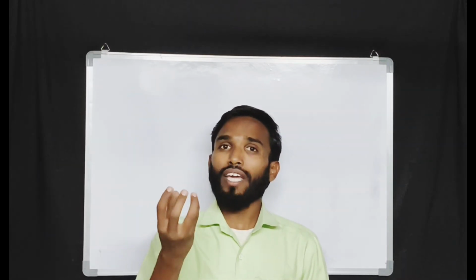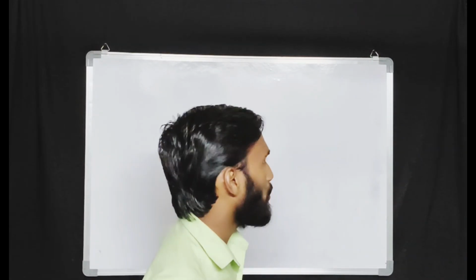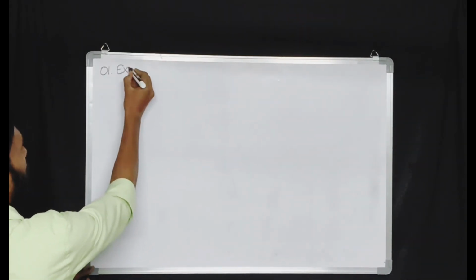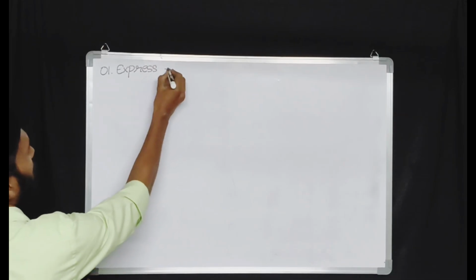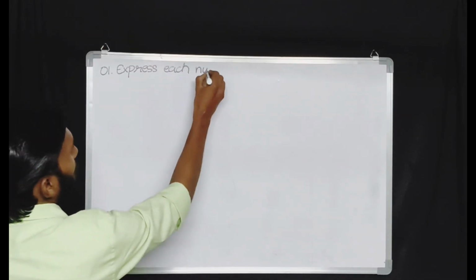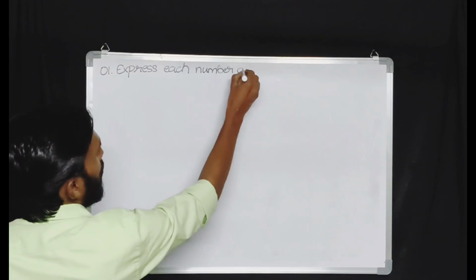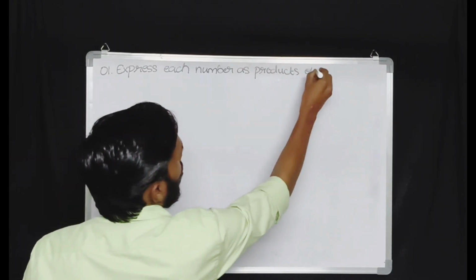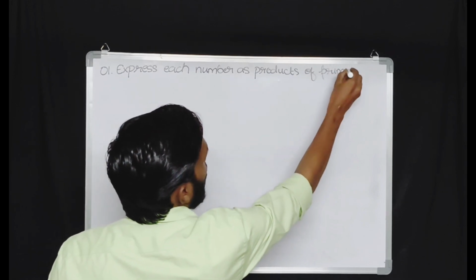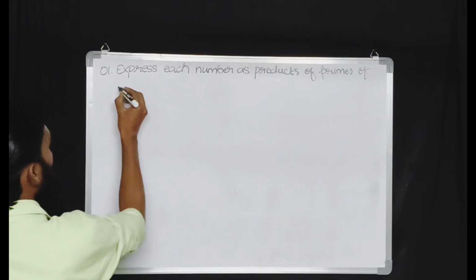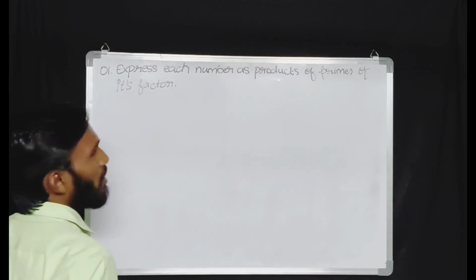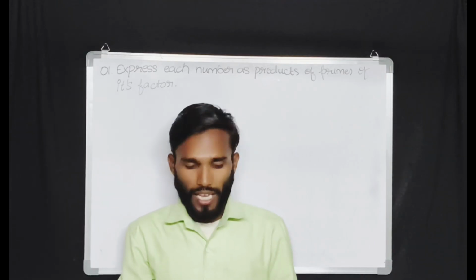Today we are going to find the products of primes of a number. What is that? Nothing but expressing each number as a product of primes of its factors.